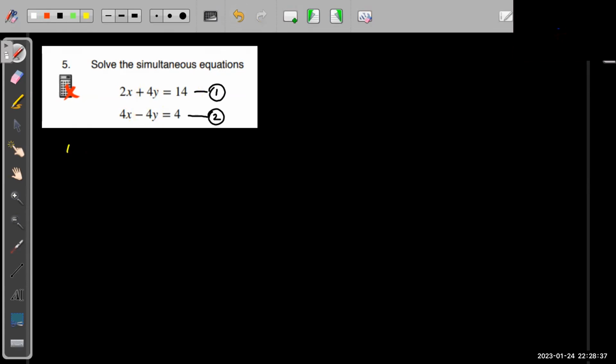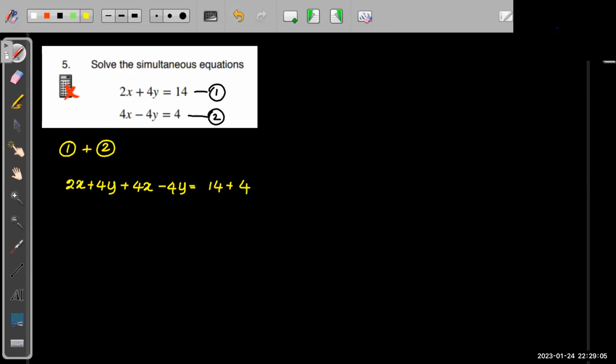So what I'm doing is I'm just writing 1 plus 2. Why I wrote 1 plus 2? Because previous one, both coefficient terms were positive, but here one positive, one negative. That is why I'm adding them. Then this is what I'm going to write: 2x plus 4y plus 4x minus 4y equals 14 plus 4.